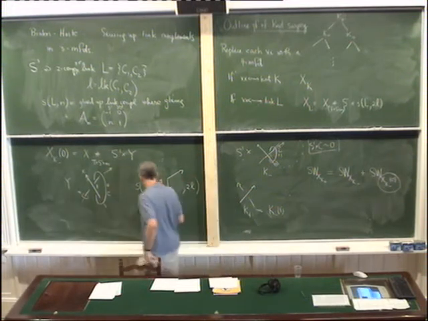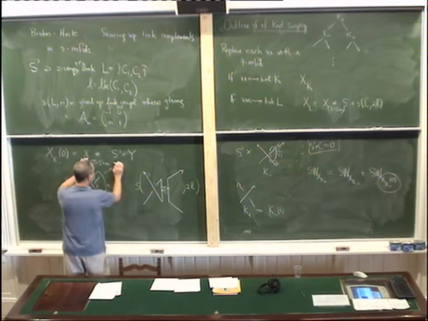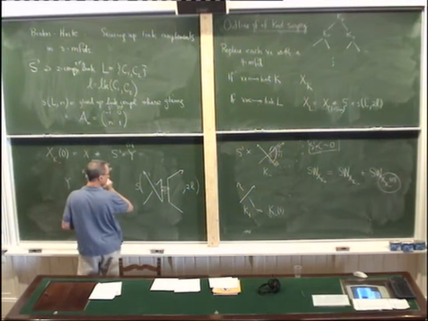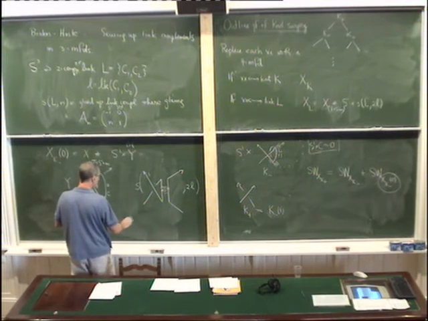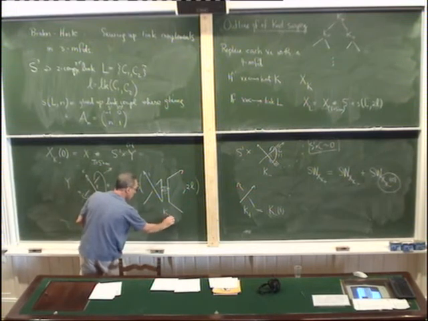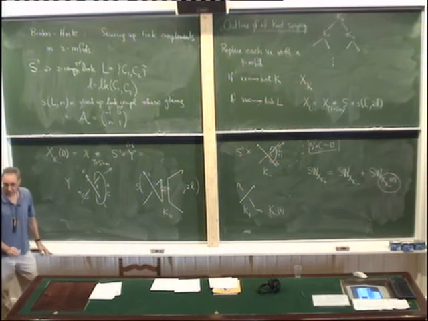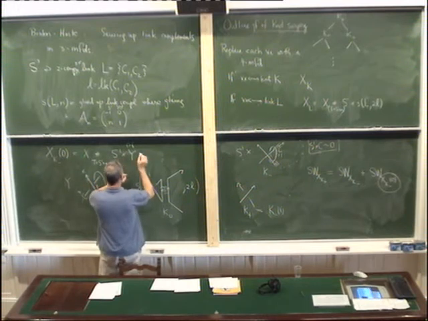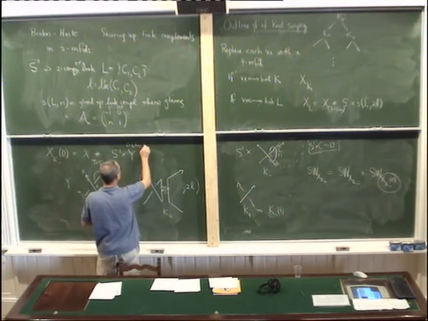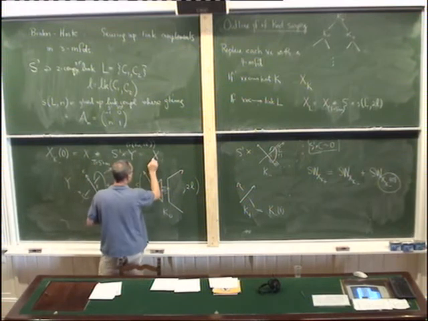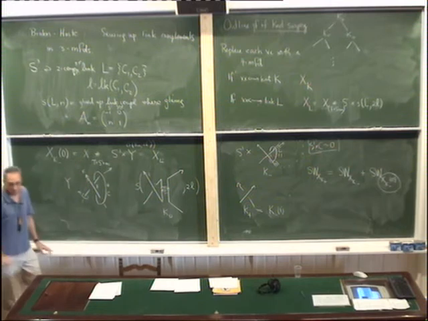Notice that this gadget here is just K0. That link is K0. So this is exactly S of K0, 2L. So that's what I meant by X sub L.